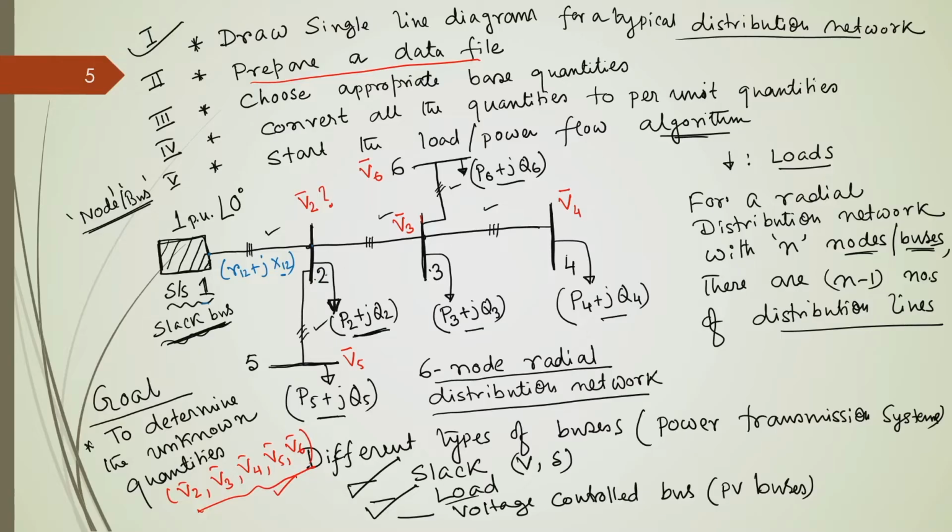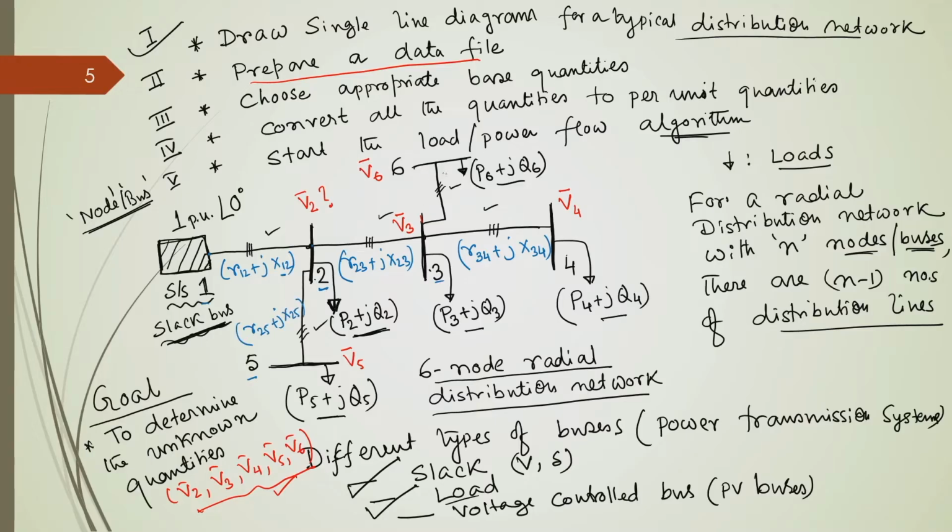For example, for the line connecting node 2 to node 3, let us write its parameter as R23 plus jX23. Similarly, for the line connecting node 3 and node 4, the line parameters are R34 plus jX34. For the line connecting node 2 to node 5, we can write the line parameters as R25 plus jX25.